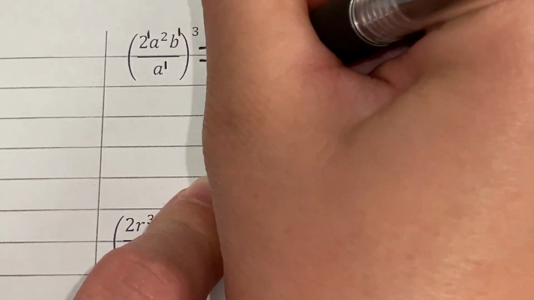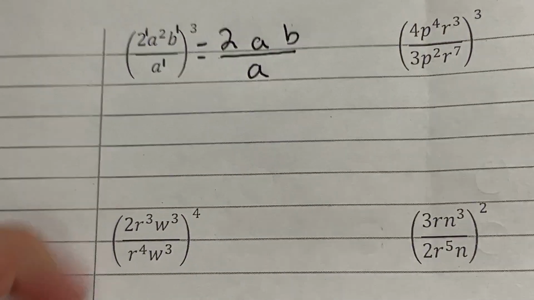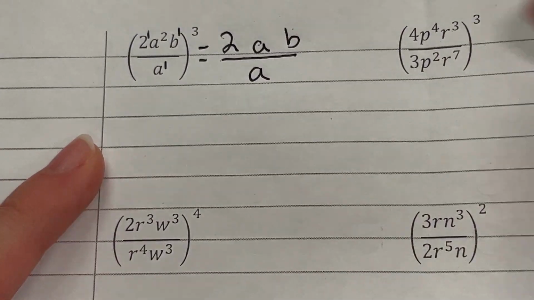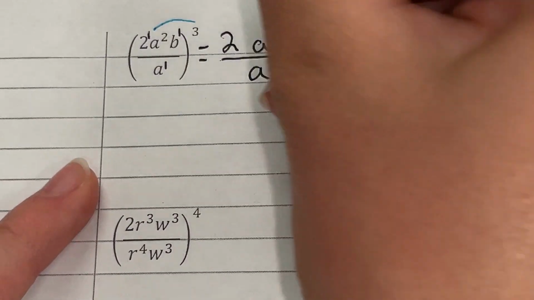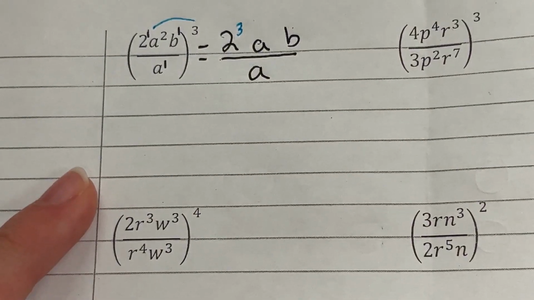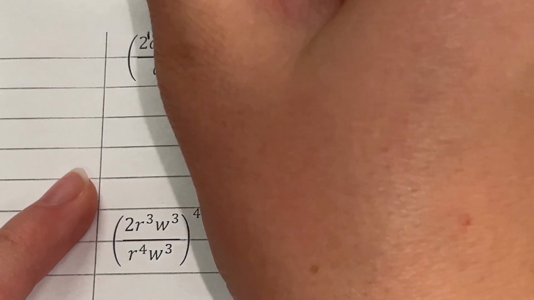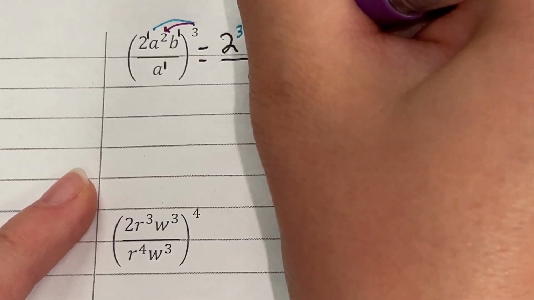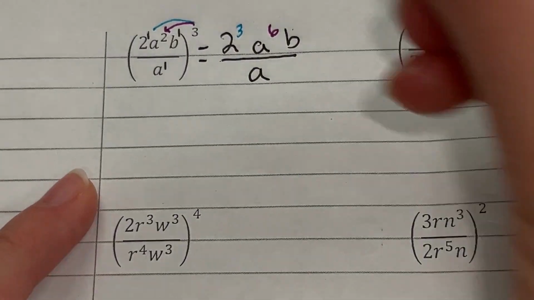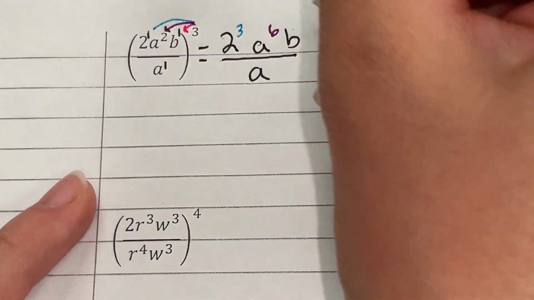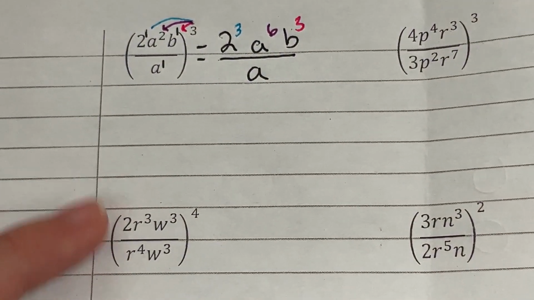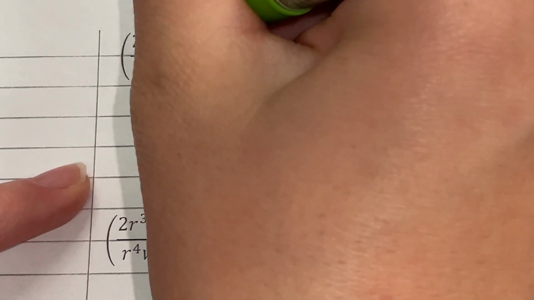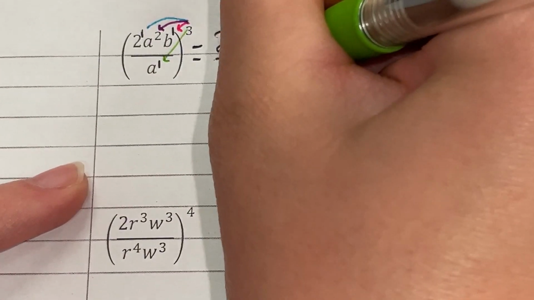B over A. All right, so I rewrote everybody so that we all have a friend. 3 times 1 is 3. And then we have 3 times 2 is 6, and then we have 3 times 1 is 3, and then 3 times 1 is 3.